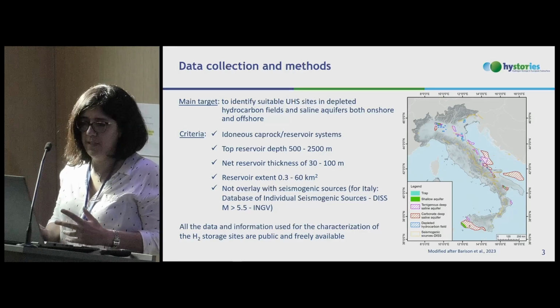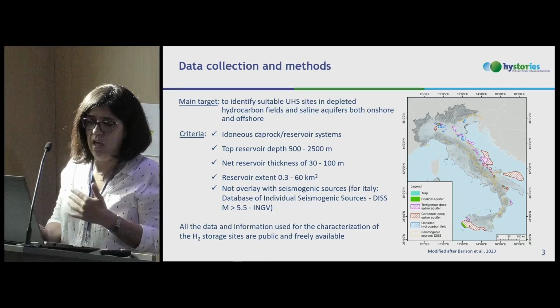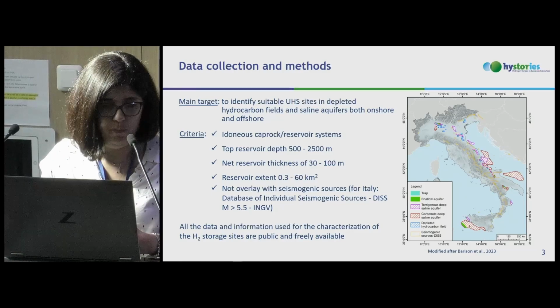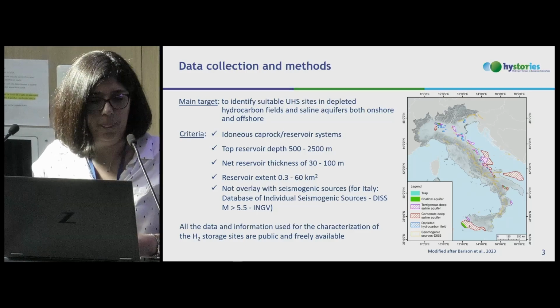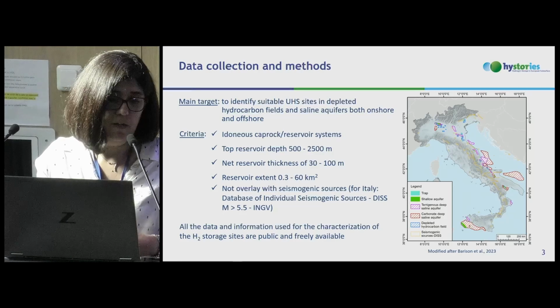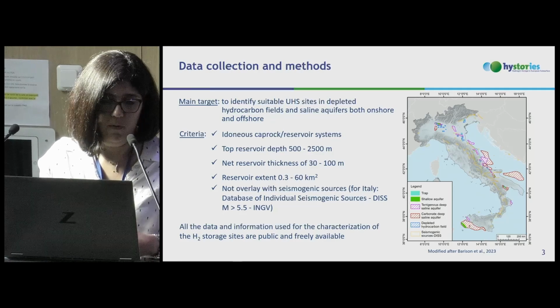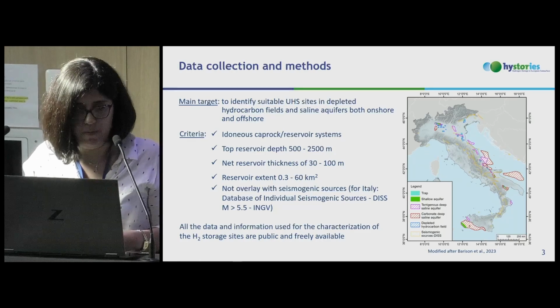There may also be storage units or reservoirs at a shallower depth, but for Italy we kept this minimum depth. The reservoir then has to have an adequate thickness of at least 30 meters, and a reservoir extent within a range from 0.3 to 60 square kilometers.